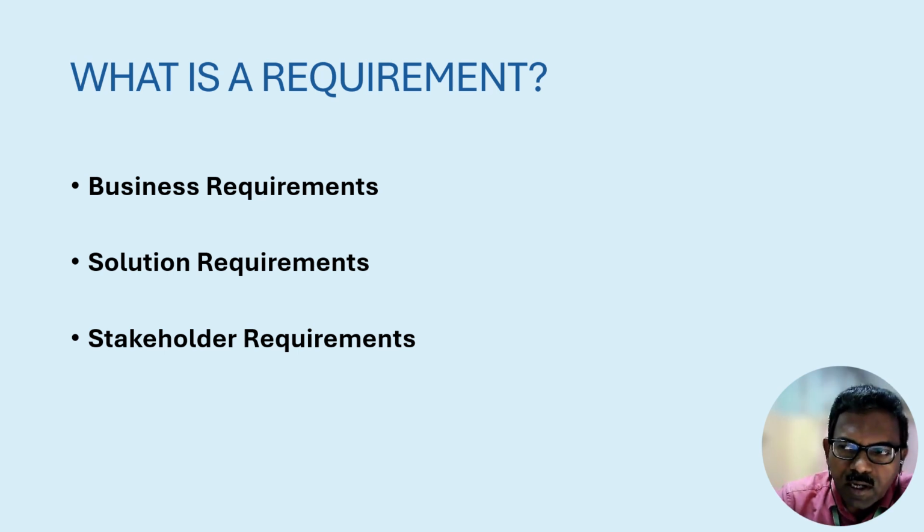When you talk about requirements, there are three types of requirements majorly that we have to understand. First is the business requirement, solution requirement, and stakeholder requirement. The business requirement is in the context of customers and services we are going to offer, or the product we are going to develop, so the utility of that product.